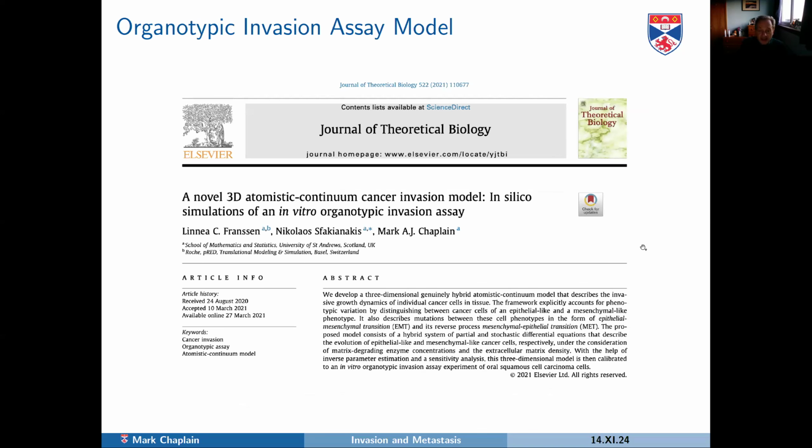And we developed that a bit further by trying really to connect with real data from an in vitro setting. So this was published just a couple of years ago. And this was a three-dimensional model connected to some data from one of these organotypic invasion assays.